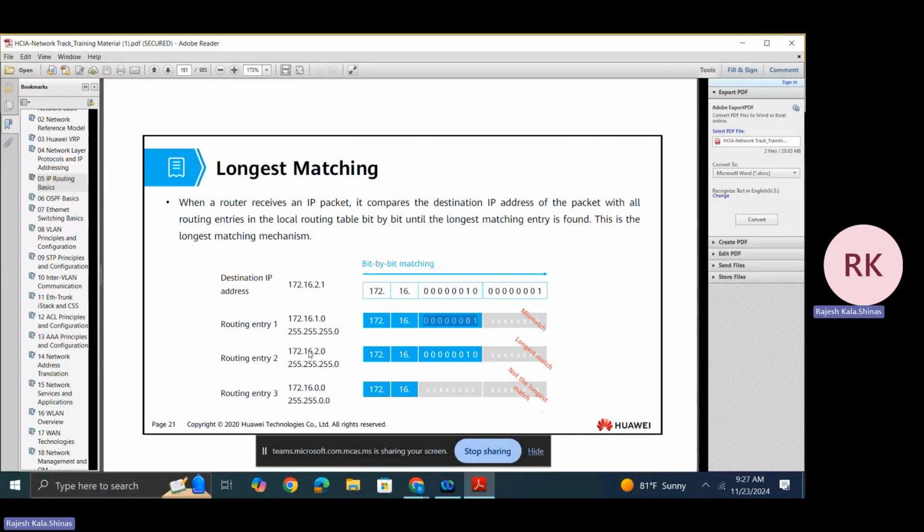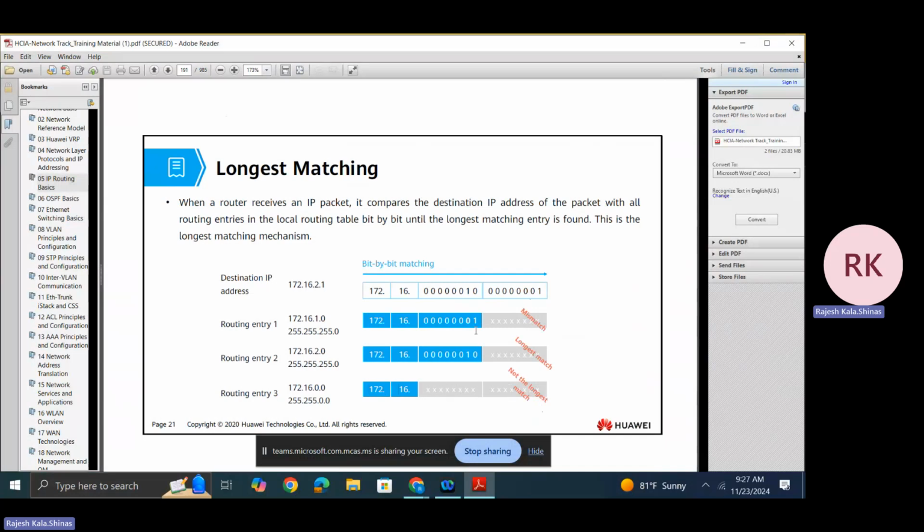Next entry 172.16.2.0, 255 three times, 0. That means the first three octets are the network part. So 172.16 is common, and now the two in binary are the same, so these two are exactly matching in the network part. Now routing entry 3, 172.16.0.0. That means only the first 16 bits are network, and the remaining is host, so it will be 00.